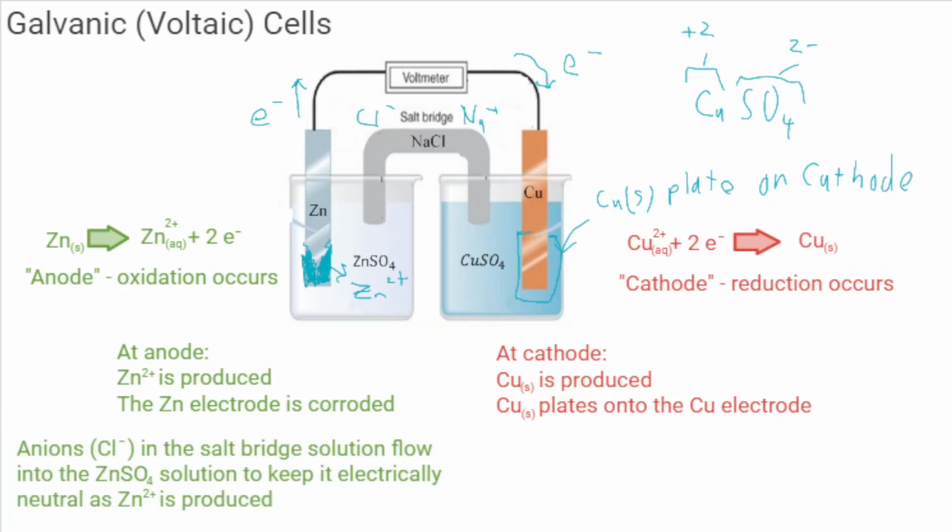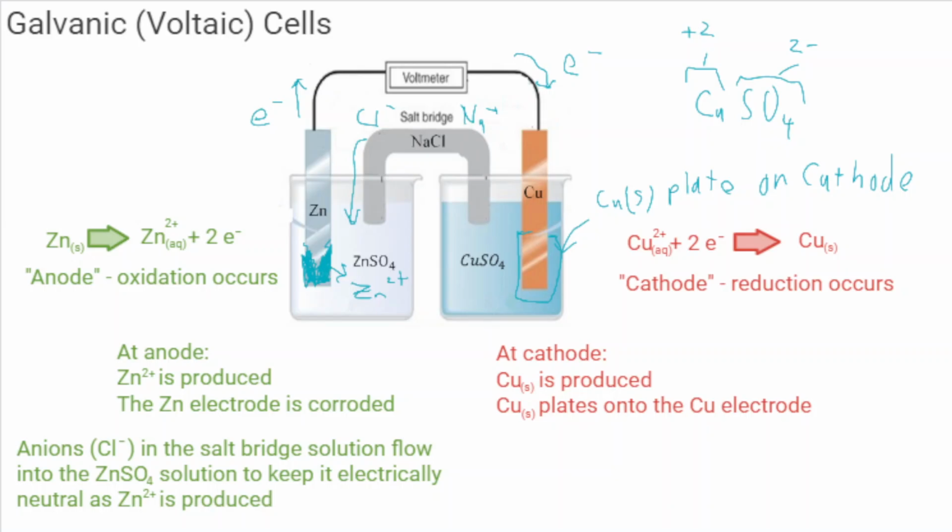So the chloride anions from our salt bridge are going to flow into our zinc sulfate solution, and this is mainly to counterbalance that zinc 2 plus that's being produced. We need to keep it overall neutral. And so to do that, since we're making these positive zinc 2 plus cations, we need an anion, such as chloride minus, to counterbalance that.